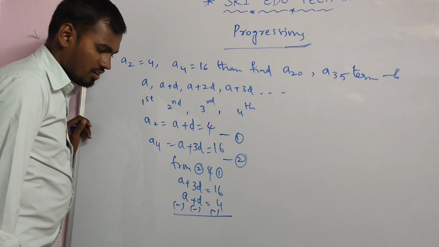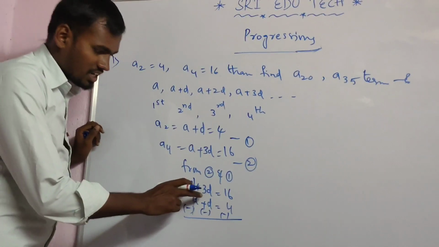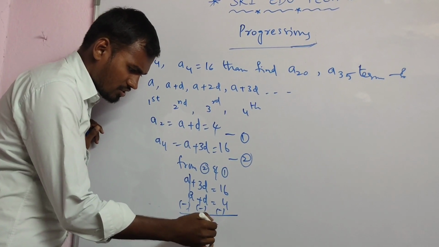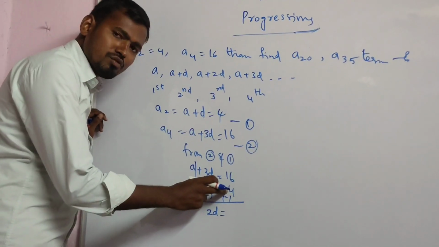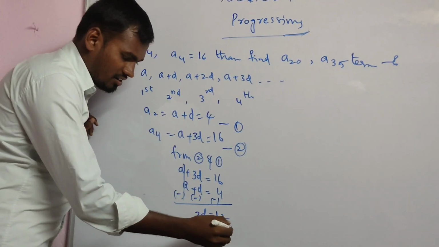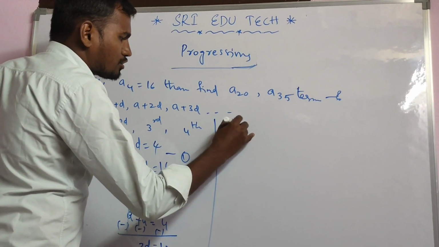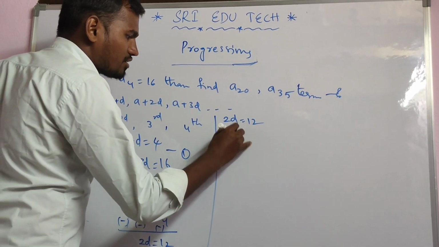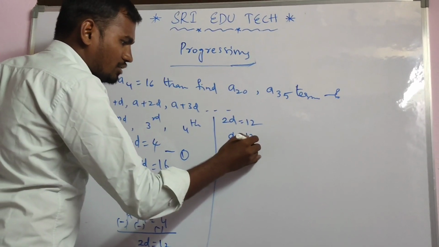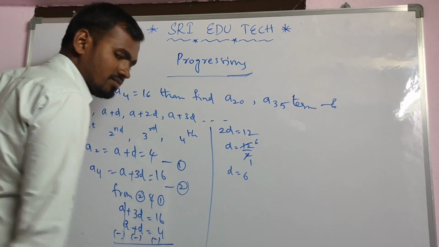Okay? Then see, A gets cancelled, then remaining 3D minus D means 2D is equal to 16 minus 4, 12. Okay? Right? So from this 2D is equal to 12, then D is equal to 12 by 2. Okay? Then cut it, 2 ones are 2, 2 sixes are 12, then D is equal to 6.